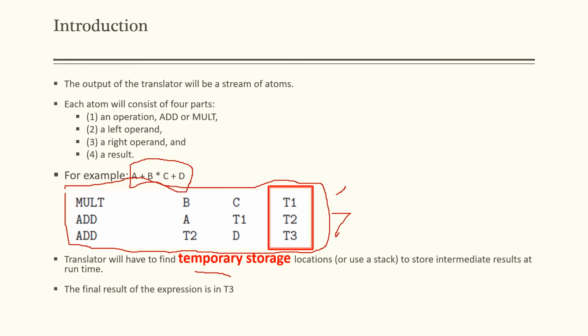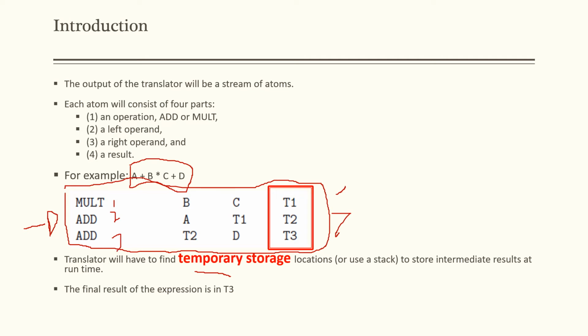So the output is a stream of atoms. The ones in the red rectangle here are the stream of atoms. Here we have 3 atoms: 1, 2, 3.